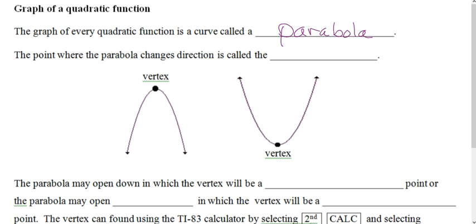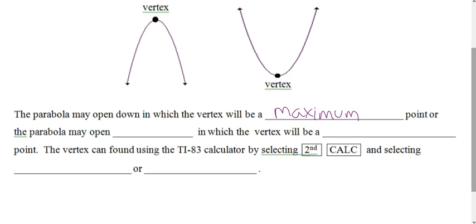Right, so if you're never sure, just look down a little, and the odds are pretty good that the answer will be there. The parabola may open down, in which case the vertex will be a, so what do we call this point? Maximum point. Or the parabola may open up, in which case the vertex will be a minimum point.